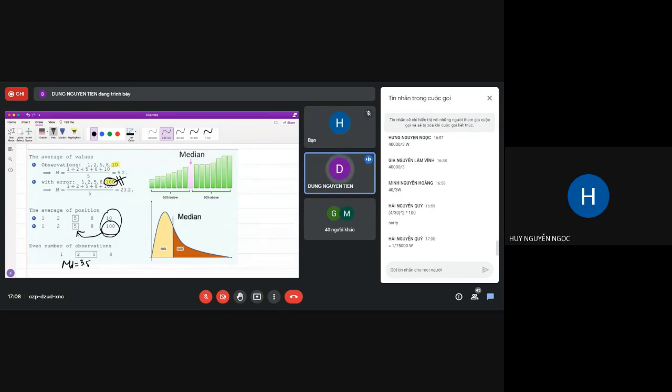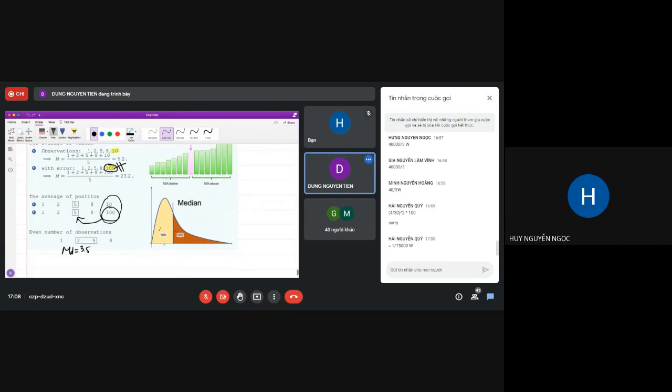So the median is simply the point that divides the whole population into two equal parts like this one. You have 50% and 50%. Is that okay?